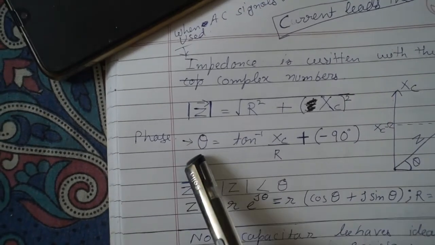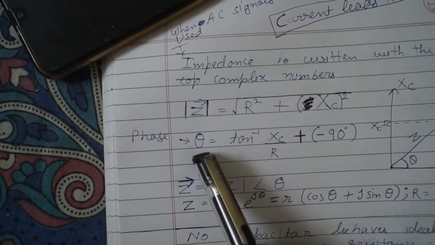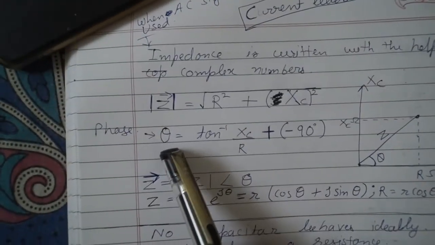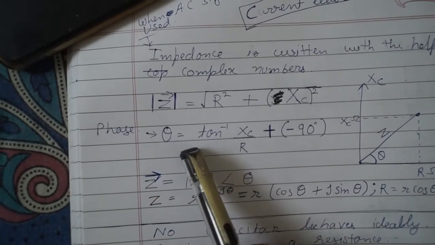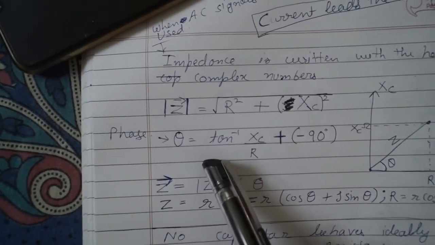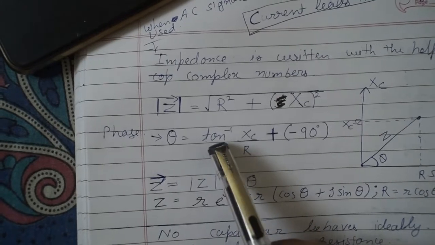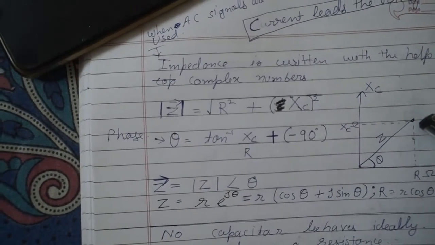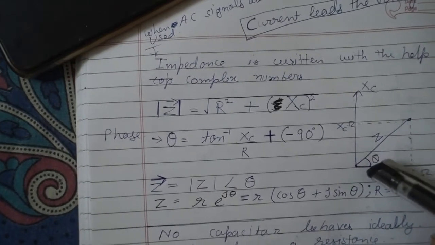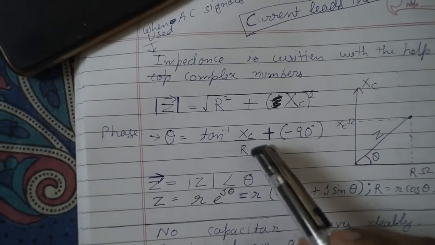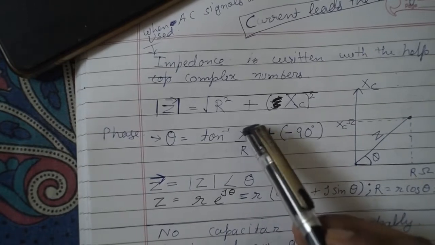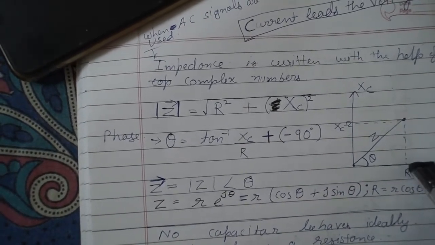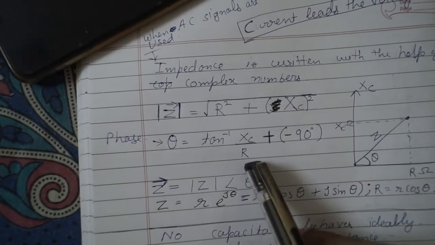Then this theta is known as the phase difference. The formula is the inverse tangent, where the tangent is nothing but Xc divided by the real part.